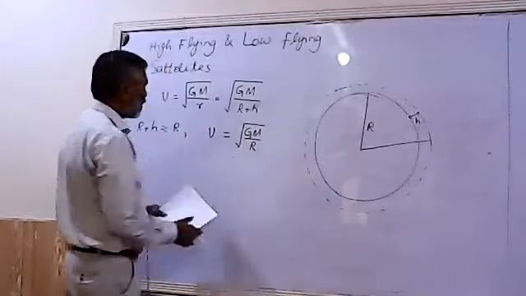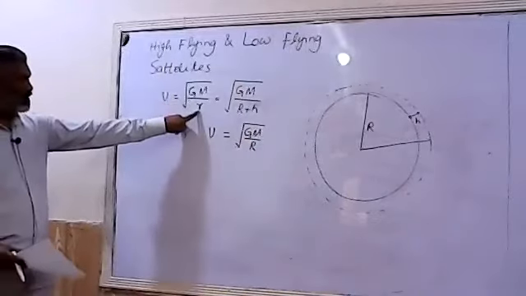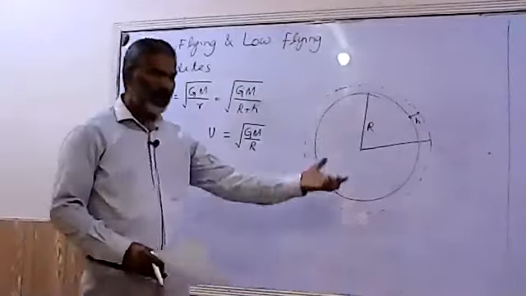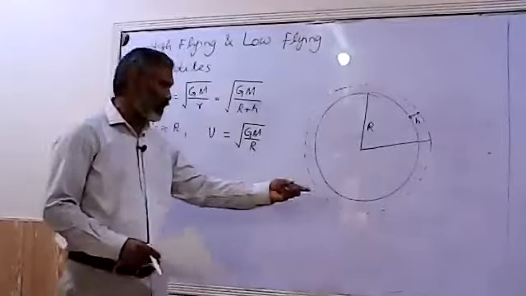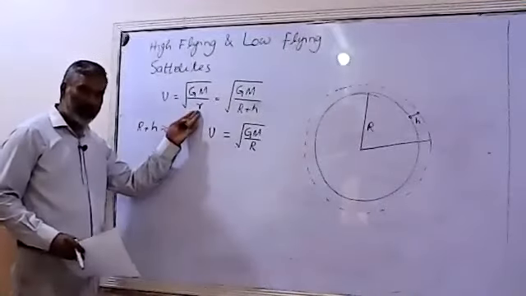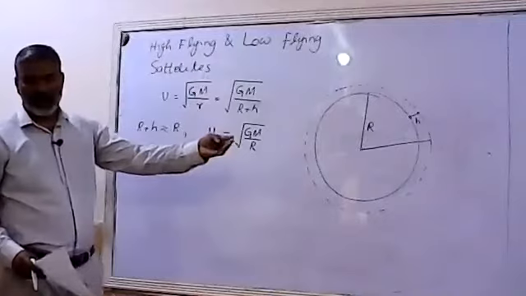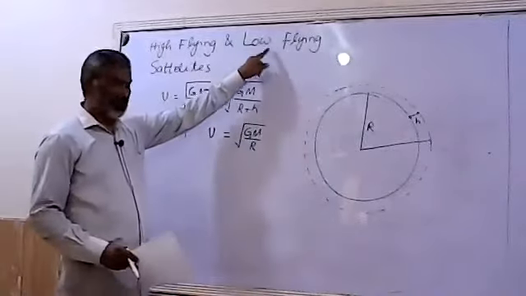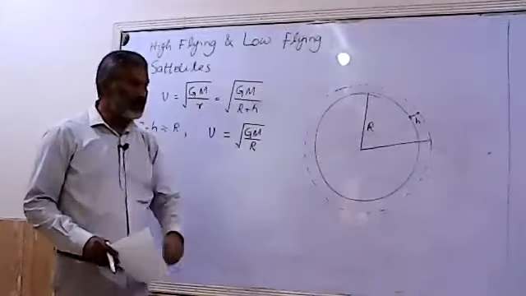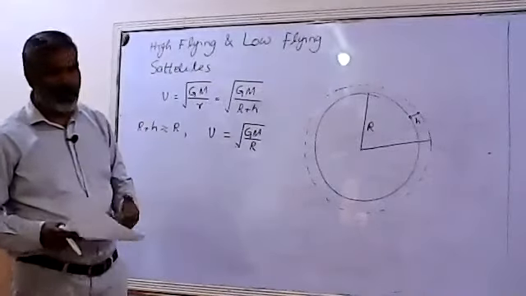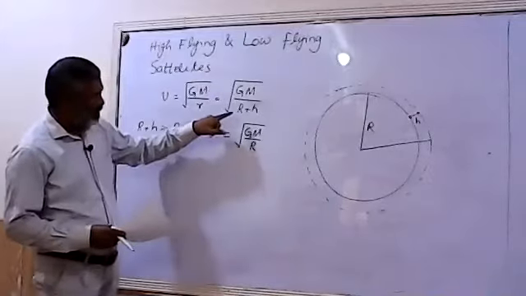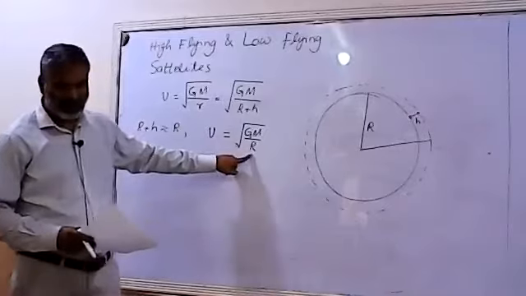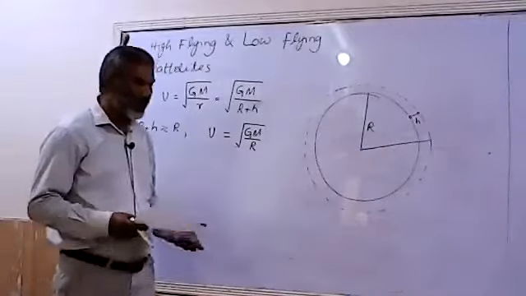So while here this small r was any radius larger than the radius of the Earth, it may have a very large value, 3 times the radius of the Earth, 2 times the radius of the Earth. But for this particular situation, when the satellite is termed as a low-flying satellite, then this small r is replaced with capital R. And what is the significance of this?